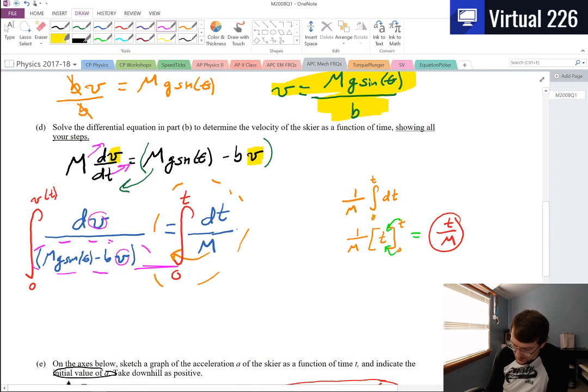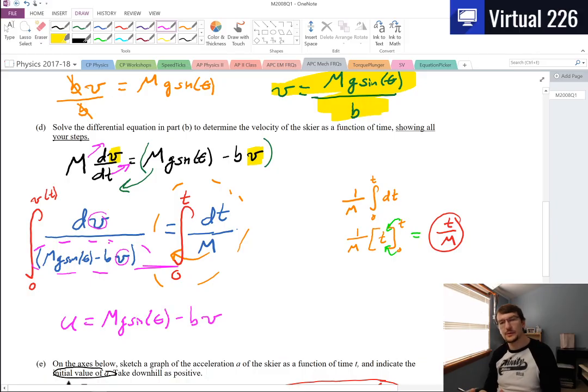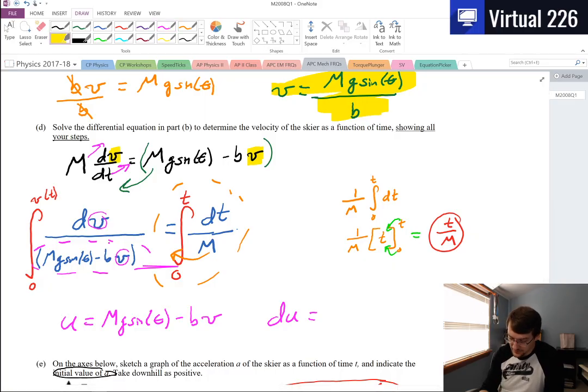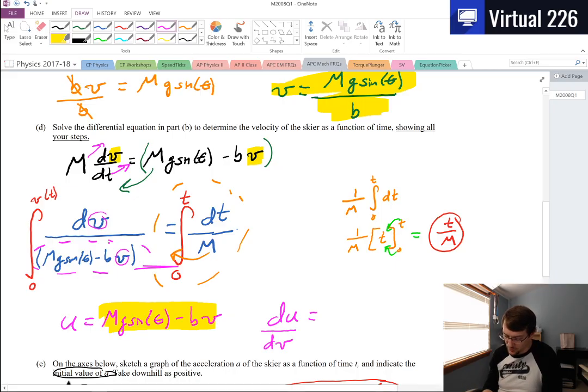So what I'll do is create a term u, and u is going to be mg sine of theta minus bv. And then I'm going to take the derivative of this new placeholder variable u. So the derivative of u is going to equal, and I need to take the derivative of this term specifically with respect to v. mg sine theta doesn't have a v term in it, so that's just a constant.